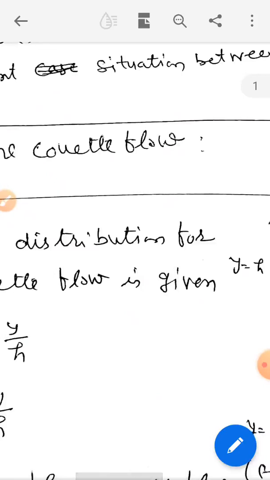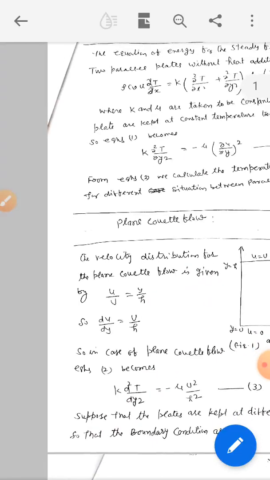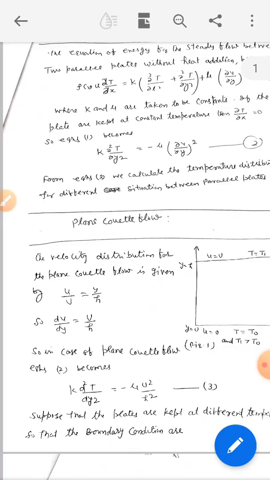We know very well that plane Couette flow is a flow in which the lower plate is fixed while the upper plate is moving with a constant velocity capital U. The velocity distribution for plane Couette flow is given by the equation u/U equals y/h, so du/dy is equal to U/h.